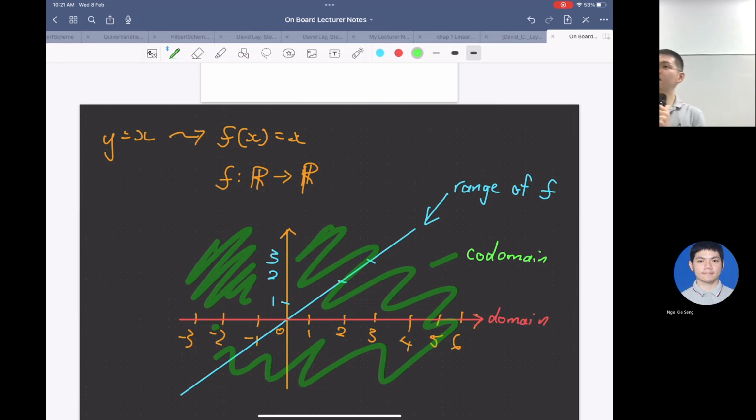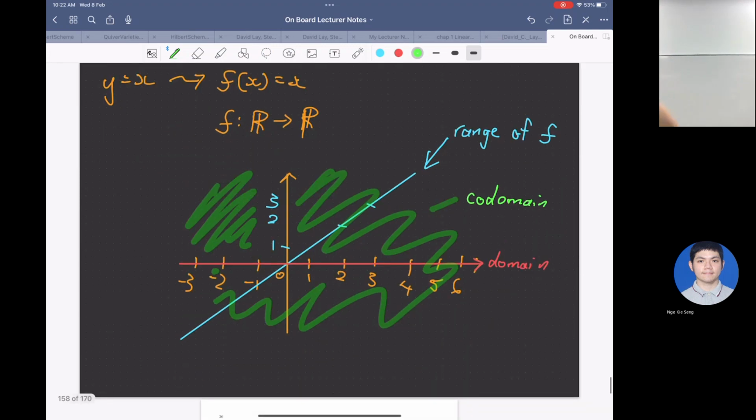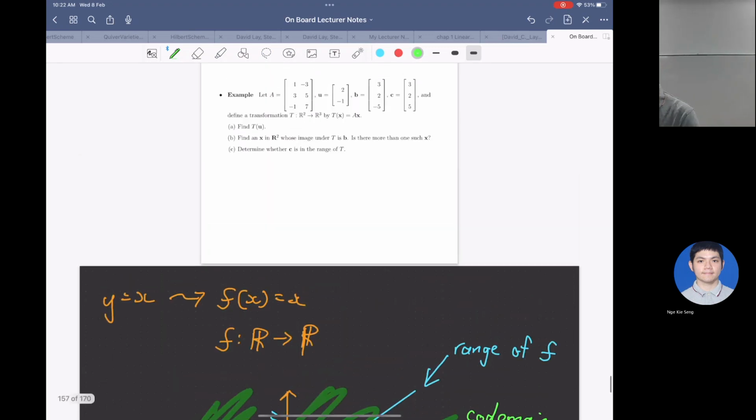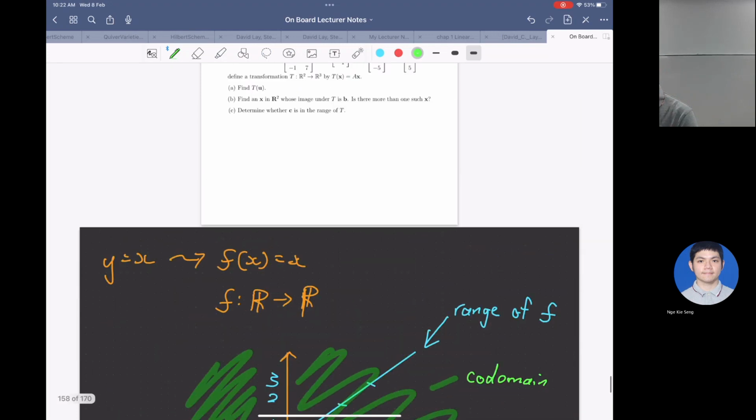So you can see that the range of f usually lies inside the codomain. Any question? Okay. So these are the domain, codomain, range.